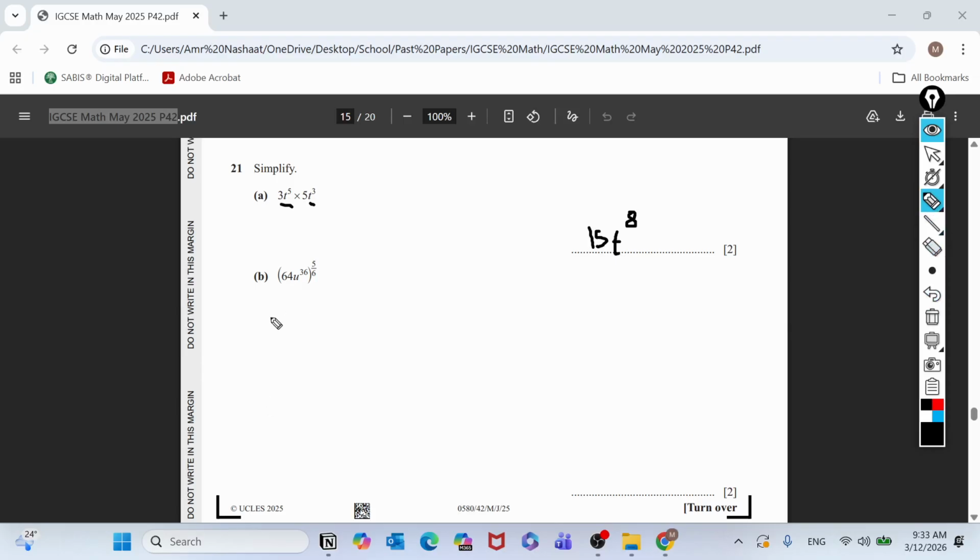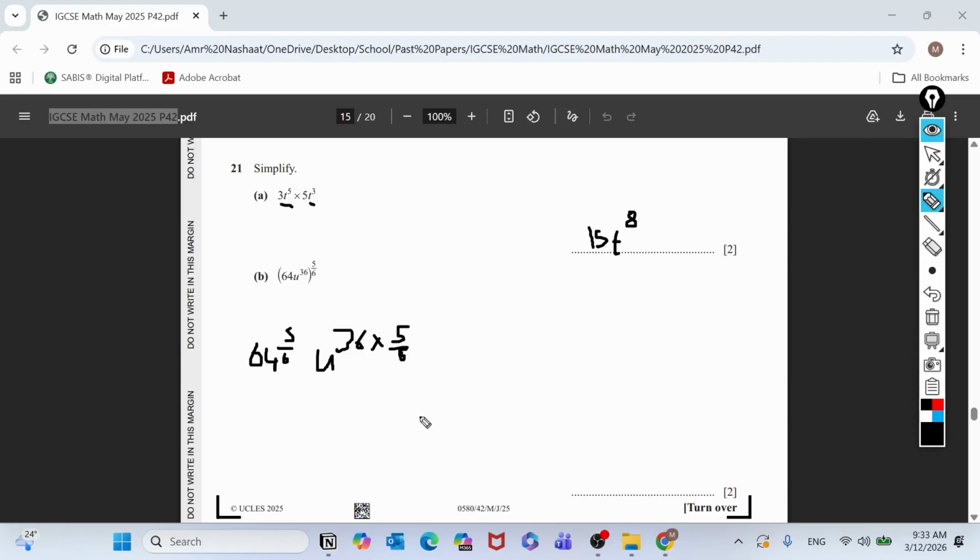Okay, this: 64 u to the power of 36, all to the power of 5 over 6. That's equal to 64 to the power of 5 over 6 times u to the power of 36 times 5 over 6.